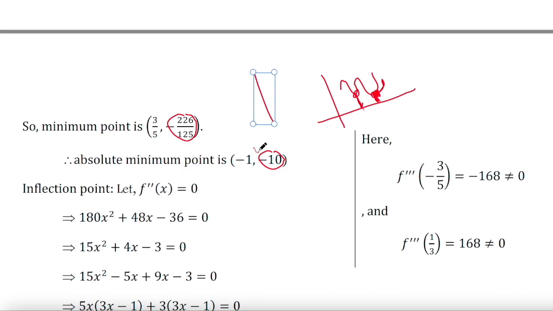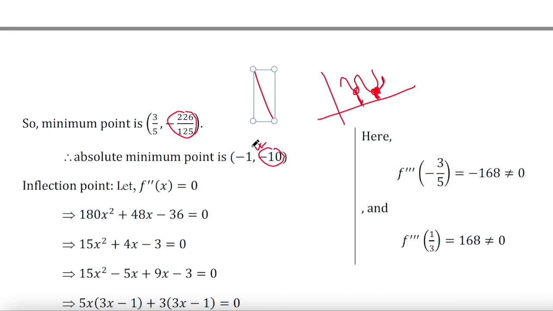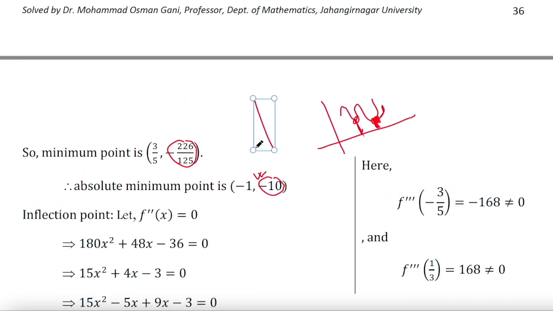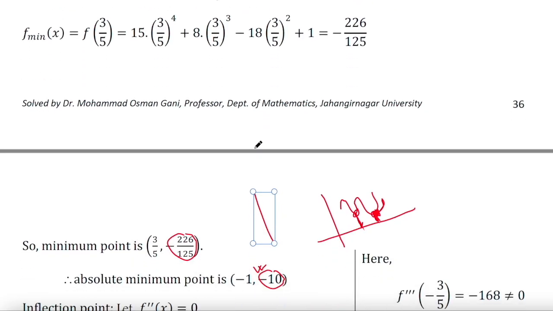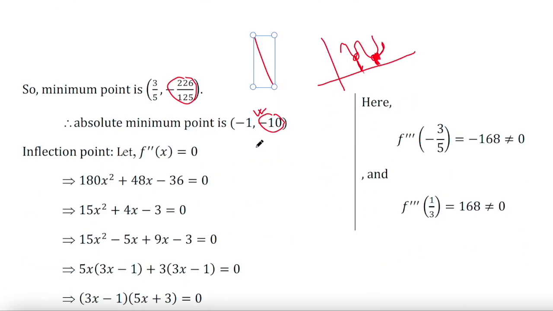Therefore, this one is called the absolute minimum point. But you don't need that, since your question tells you to calculate extremum points, so you can say that there is one maximum point and two minimum points, no problem. And there is no SIP, since there are no other x values.